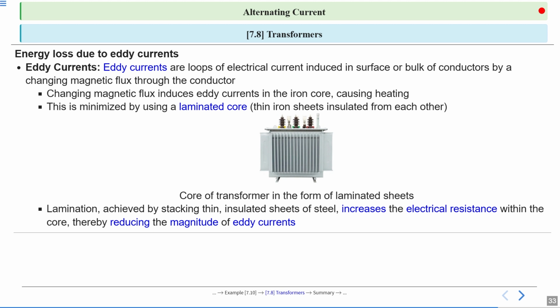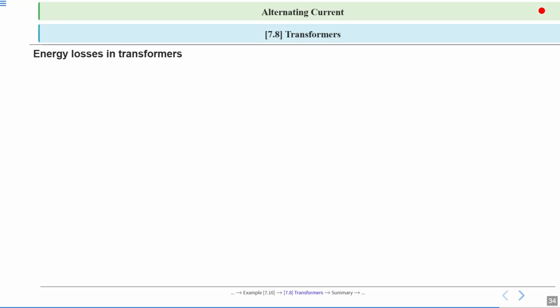It will increase the electrical resistance within the core, thereby reducing the magnitude of eddy currents. We are insulating one thin sheet, one lamination, from the other, due to which the path of eddy currents is broken, and energy loss due to eddy currents will be minimized by using laminated cores.